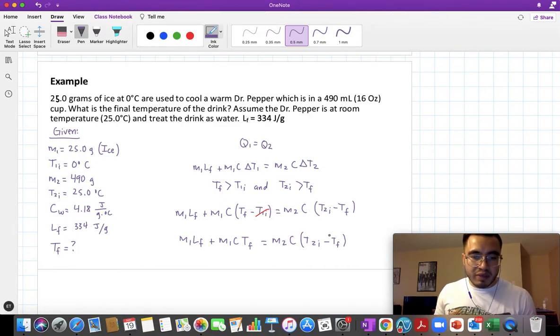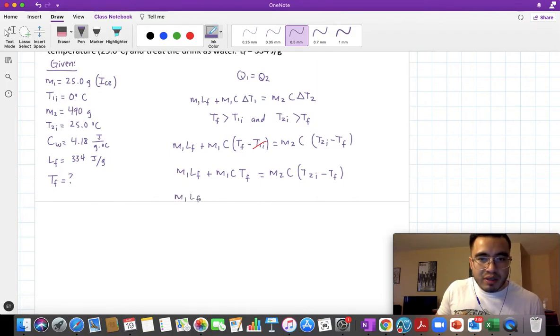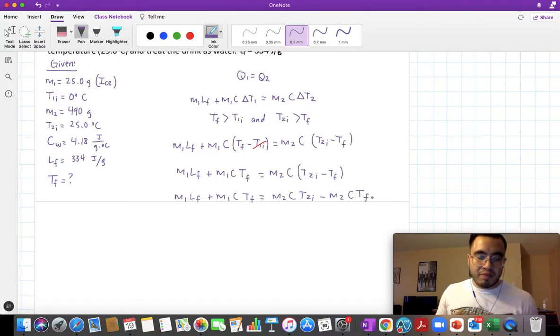So I'm going to get rid of this parentheses. It will read: mass 1 latent heat of fusion plus mass 1 specific heat final temperature equals mass 2 specific heat temperature 2 initial minus mass 2 specific heat temperature final.